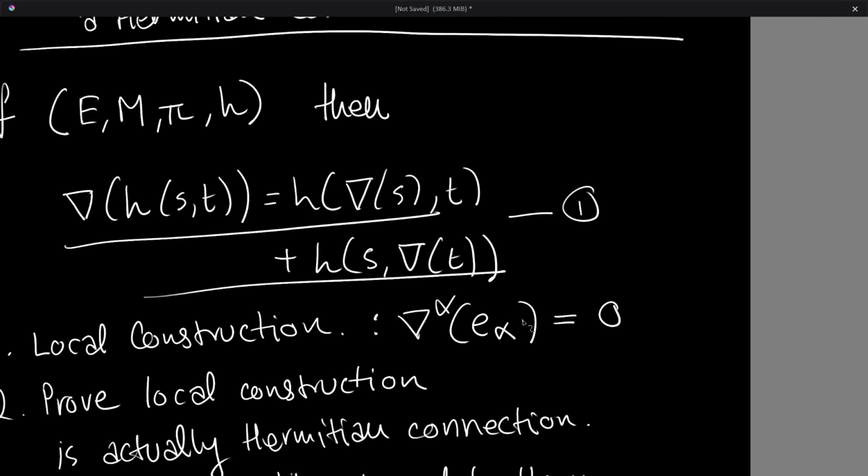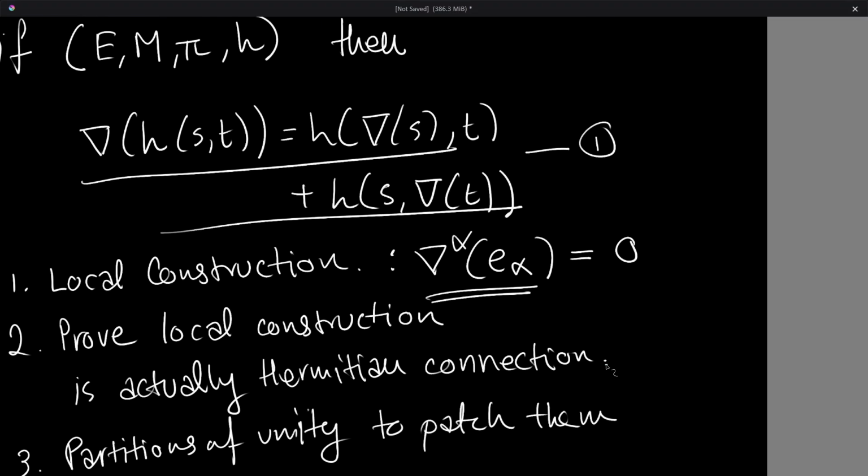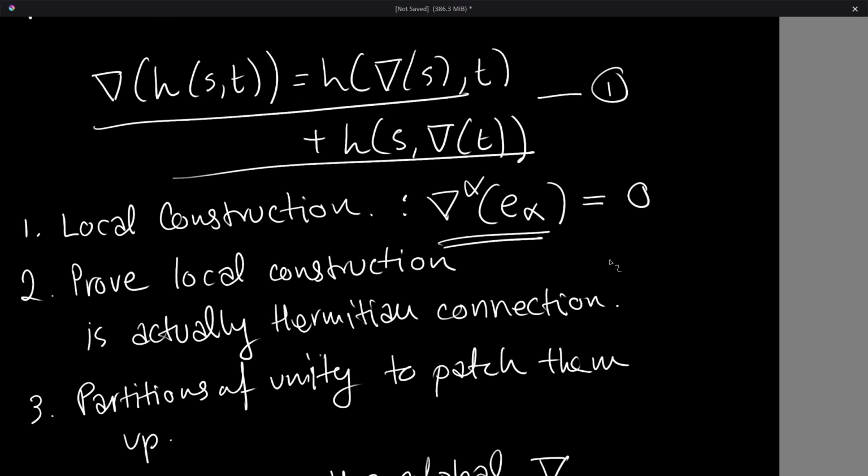And this results in a valid connection. This is telling you that the change in the local coordinates is 0 at every point. So you use this, then you promote it using the partitions of unity, and you get an overall connection.